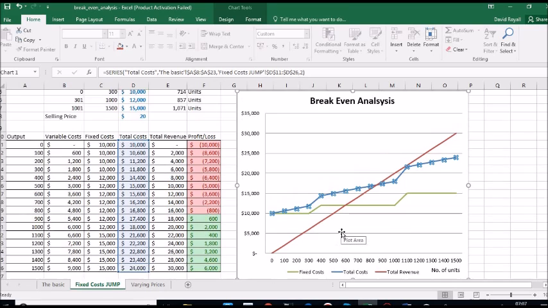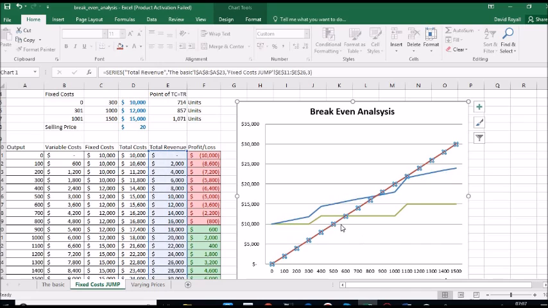So, looking at total cost versus revenue, we've got this very interesting line where there are different profits. So where total revenue is higher than total costs, we are in a profit-making zone, if you like. Again, play with that.